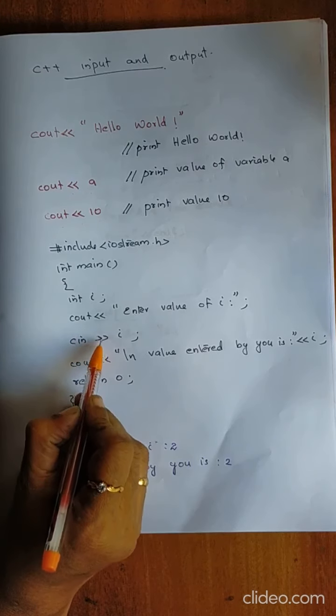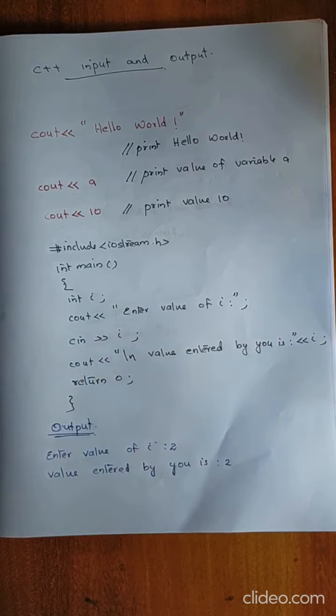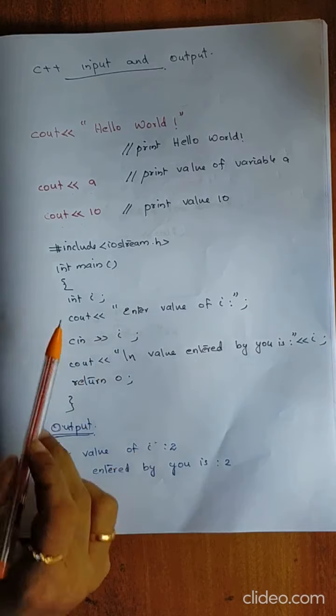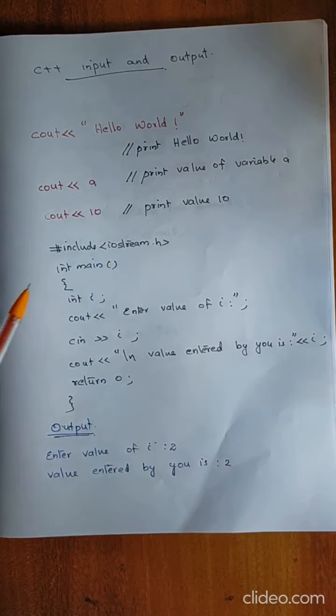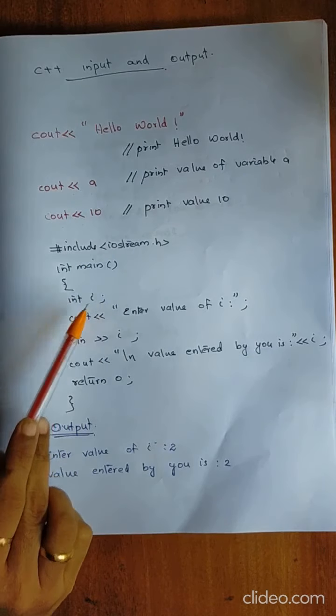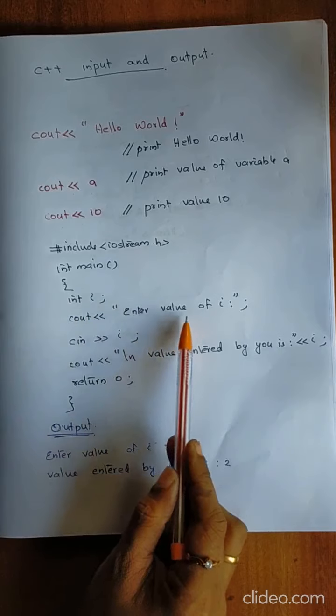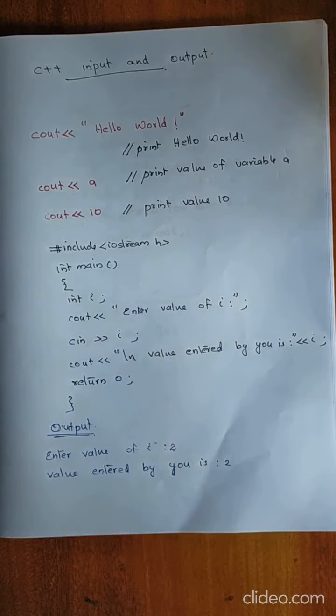This one is the extraction operator to read the input from a console. For example, #include iostream.h, main function, opening brace, closing brace, int i, cout, enter the value of i.